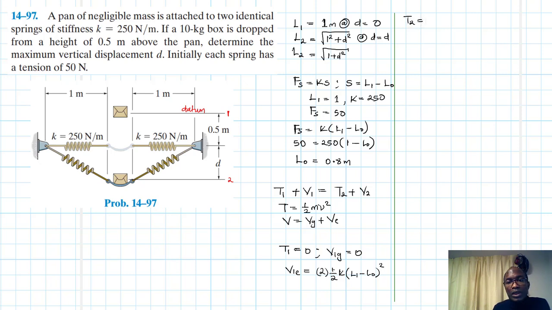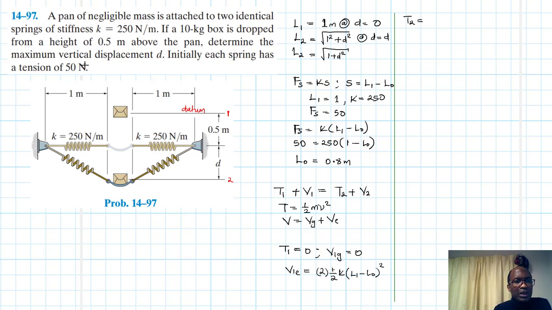T2 is just equal to... we have been told that if a box is dropped from this height, determine the maximum vertical displacement D. Initially the spring has a tension of 50 newtons.